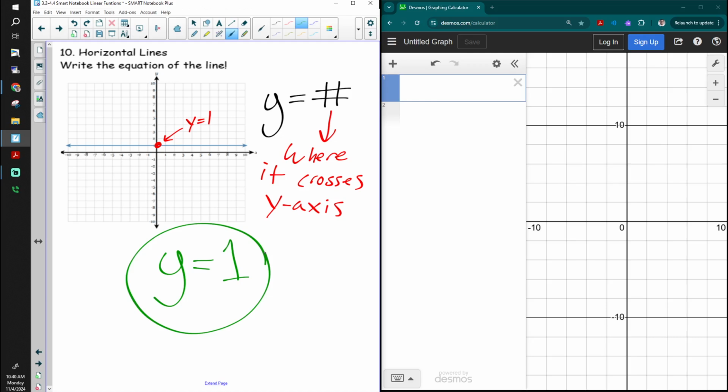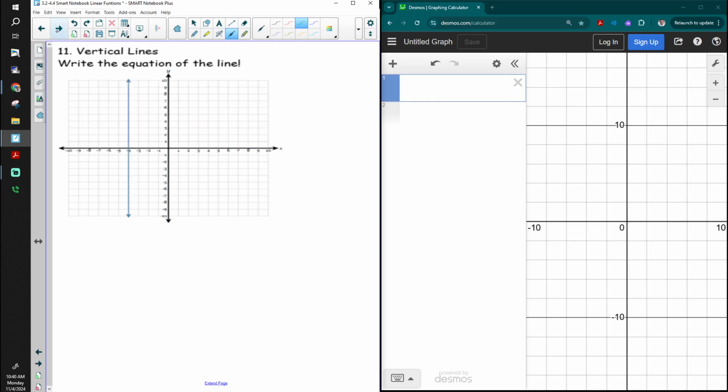So which axis it crosses tells you which variable to use. Then you write your equation. So 11. Which axis does this line cross? It goes to the x-axis, so that means this is x equals a number.